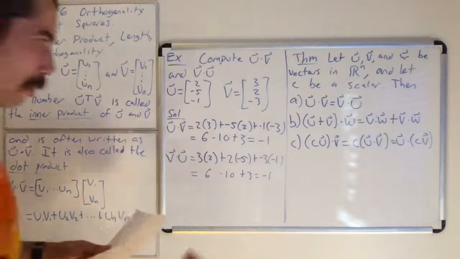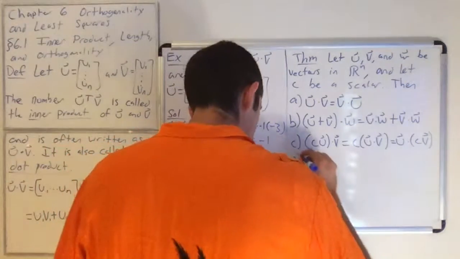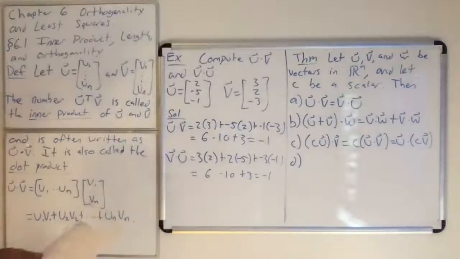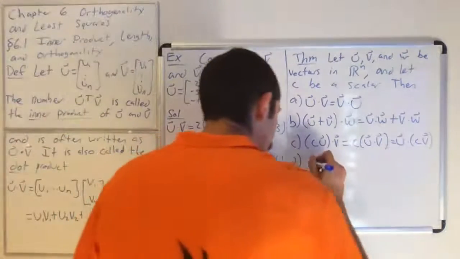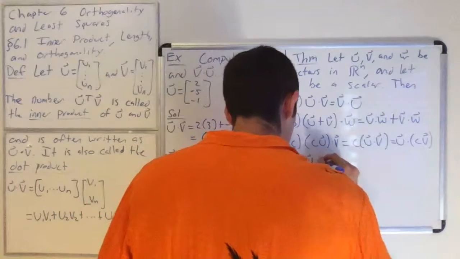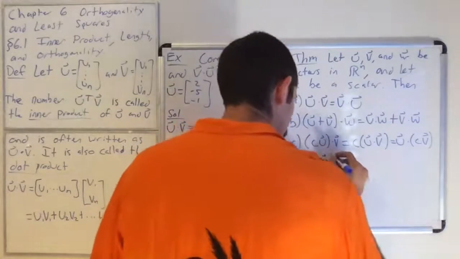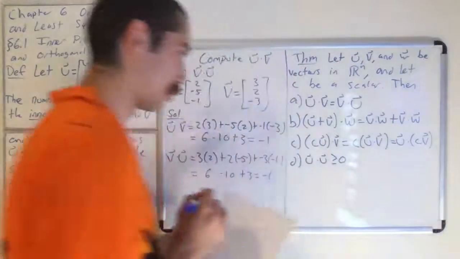And then the last part is probably the most interesting one: if you dot a vector with itself, you get something greater than or equal to 0.